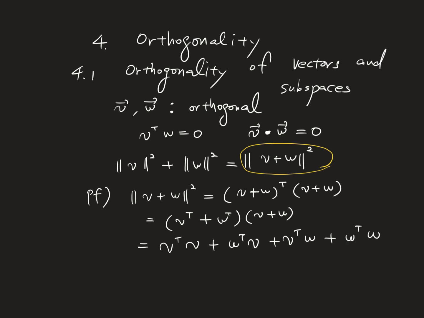But we know that the cross terms are 0. And so what we have is the norm of v squared plus the norm of w squared. So this is the end of the proof.